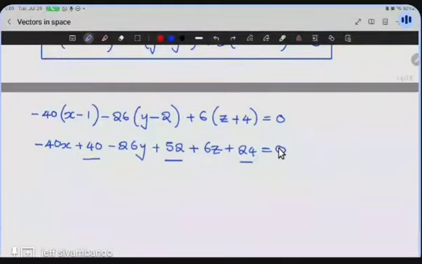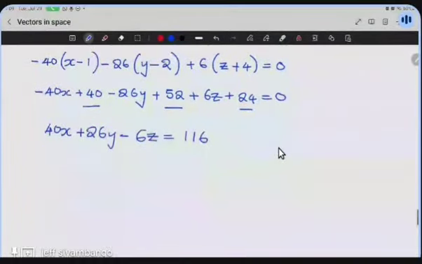So we'll have 40x. I'm taking them to the right, so they will change signs. Plus 26y minus 6z will be equal to 116. They are all even numbers. I can divide by 2.